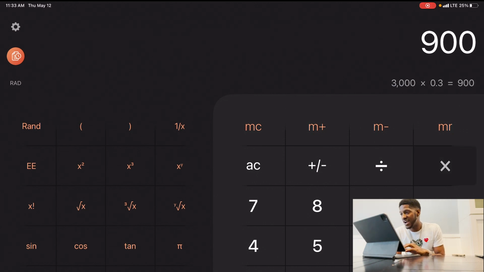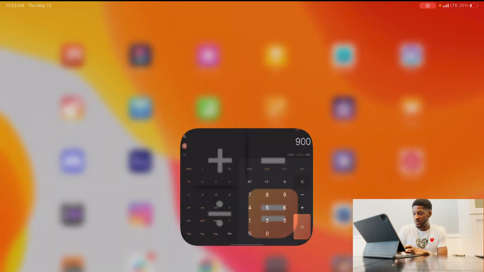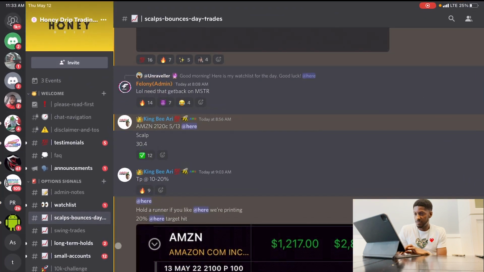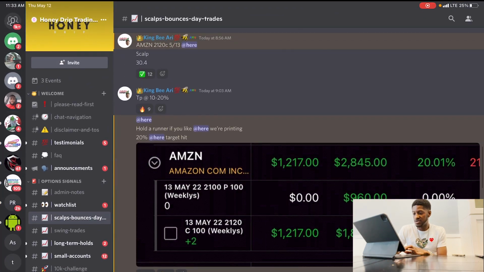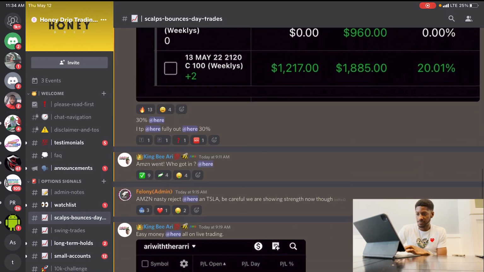They all made $900 per contract, right? Everyone in my chat made close to $900 per contract if they follow my rules. And the chat only costs $125, right? $900, 30%, and we made our money, right?